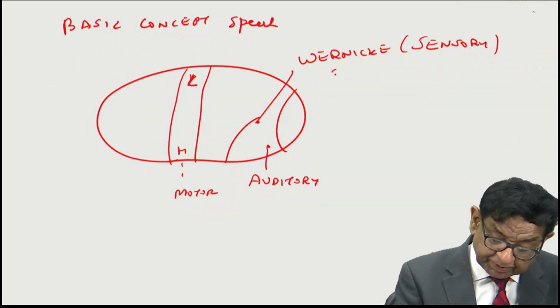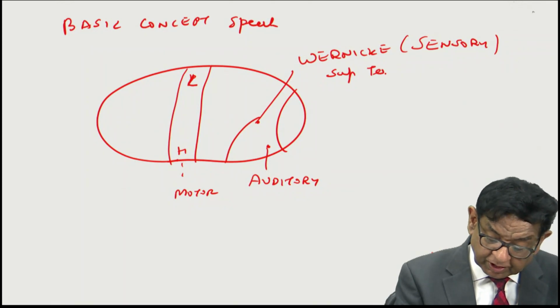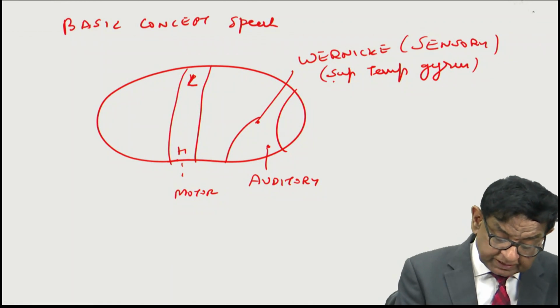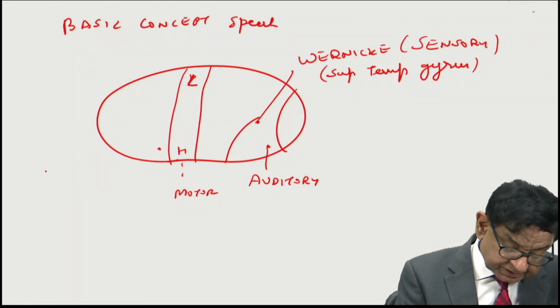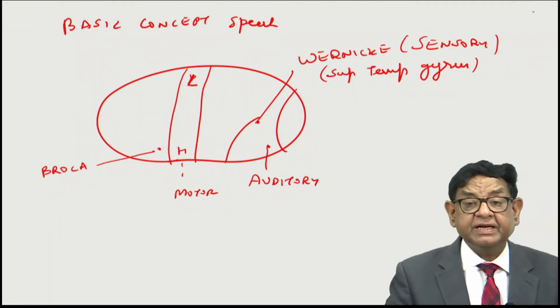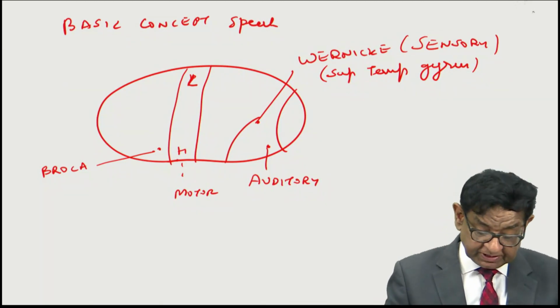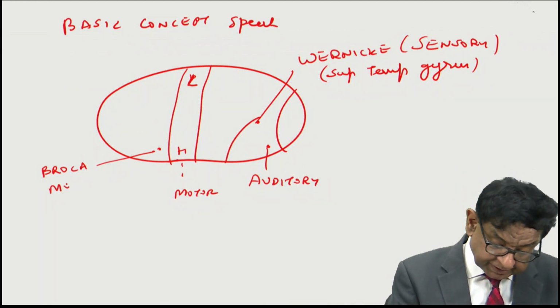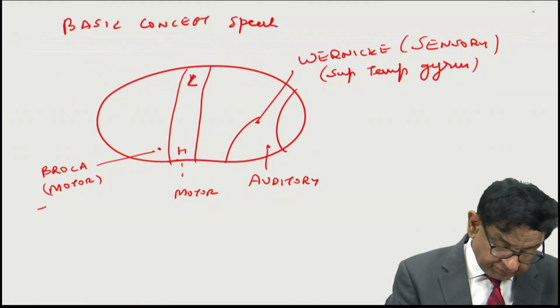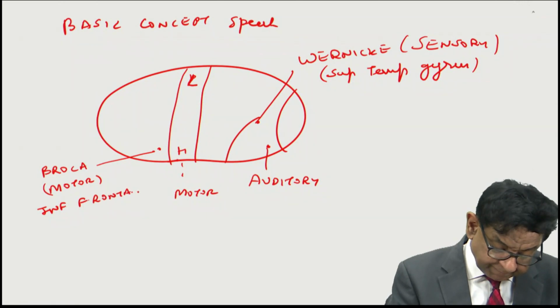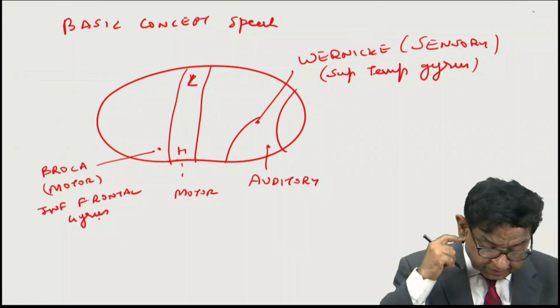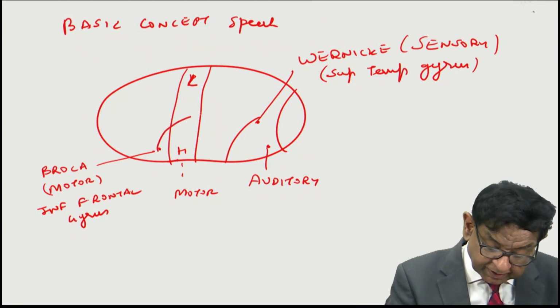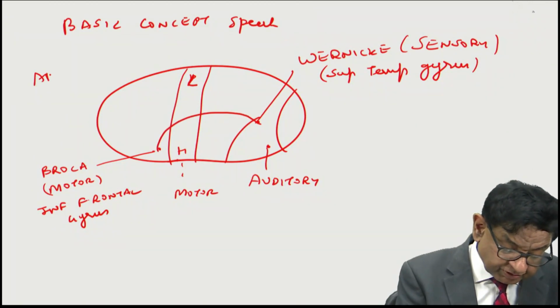And this lies in the superior temporal gyrus. In the inferior frontal gyrus, we have a Broca's speech area. Okay, this is a motor speech area. Now these two are united via arcuate fasciculus.